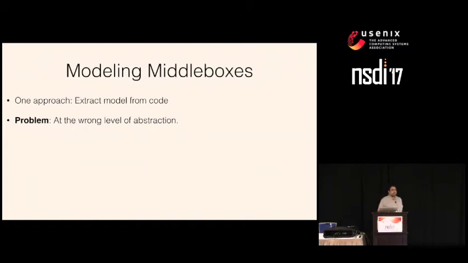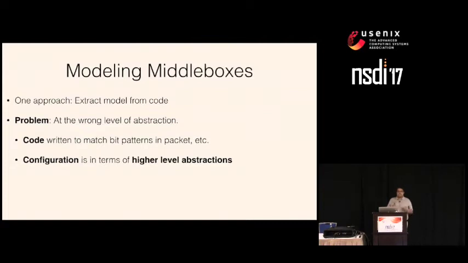In particular, because we need to achieve really high packet rates with all of these NFs that we're writing, we commonly write our code in terms of treating the packet as a large byte array and matching bits within that array. All of the forwarding and batching and other behavior that we do really hides the fact that, in reality, what this code is ultimately doing is taking some configuration specified in terms of some fairly high-level abstraction and processing packets based on what that configuration says.